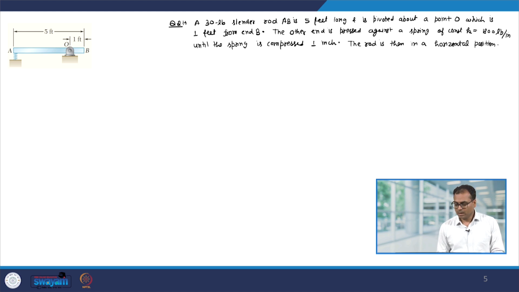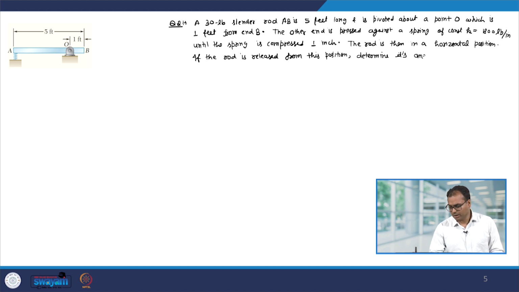Now, if the rod is released from this position, determine its angular velocity as the rod passes through a vertical position.